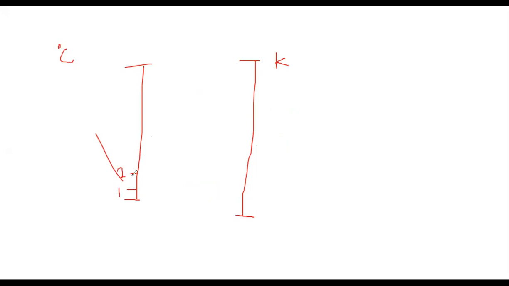The distance between here and here is 1 degree. The same thing for Kelvin: 1 Kelvin, 2 Kelvin, 3 Kelvin. The distance from 1 to 2 is 1, from 2 to 3 is 1. But in the Fahrenheit scale, it is less than 1 degree. When we say this is 0 Fahrenheit and this is 1 Fahrenheit, it's not the same as Kelvin and Celsius.